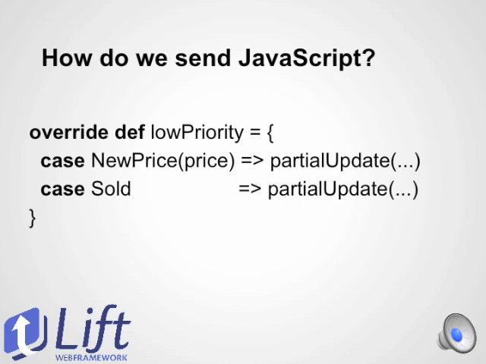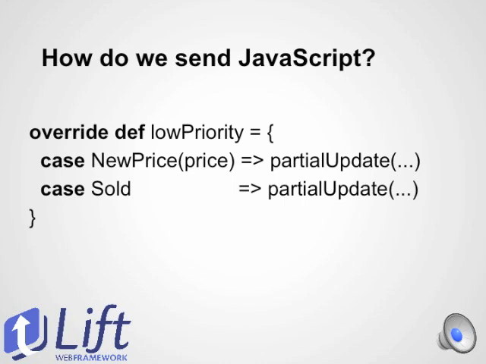And then partialUpdate takes one parameter, which is a JsCmd, which basically is a JavaScript DSL from Lift. But you can use the DSL, or you can just send plain JavaScript, and that will be exactly the same JavaScript that makes it to the browser. Now this is very powerful because you can do all your testing on the browser just by typing.